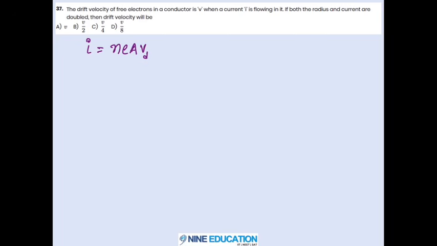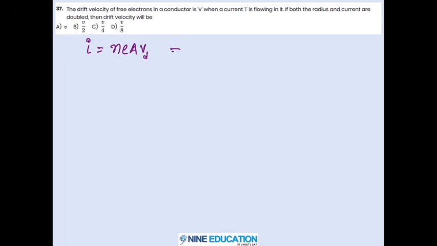So I is the current passing through the conductor, N is the number of free electrons per unit volume or free electron concentration, e is the charge of one electron, which is 1.6 into 10 to the power minus 19, A is the area of cross section, and Vd is the drift speed or drift velocity.